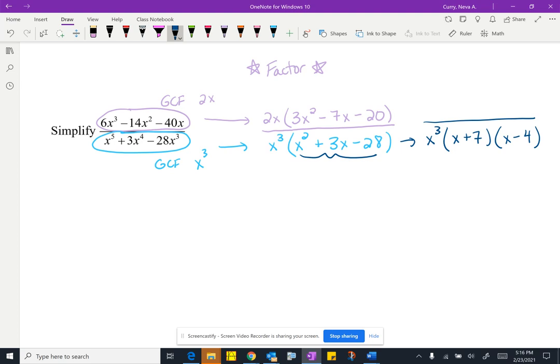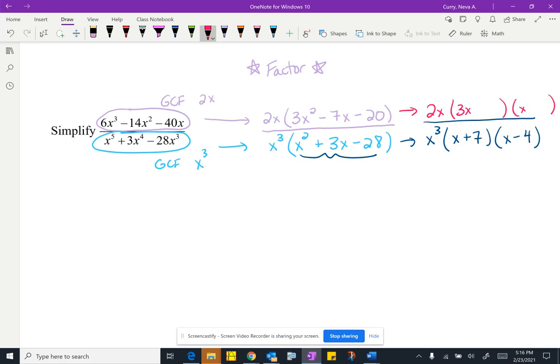Now, this is a game of simplifying, and so sometimes our goal is to cheat the system. I'm now going to come back up to the numerator, and I know that there's going to be a 3x. 3x squared, the 3 is prime, so I've got 3x, and over here I know I'll have an x. Because we're simplifying, we probably want one of those factors from the denominator to be up in the numerator.